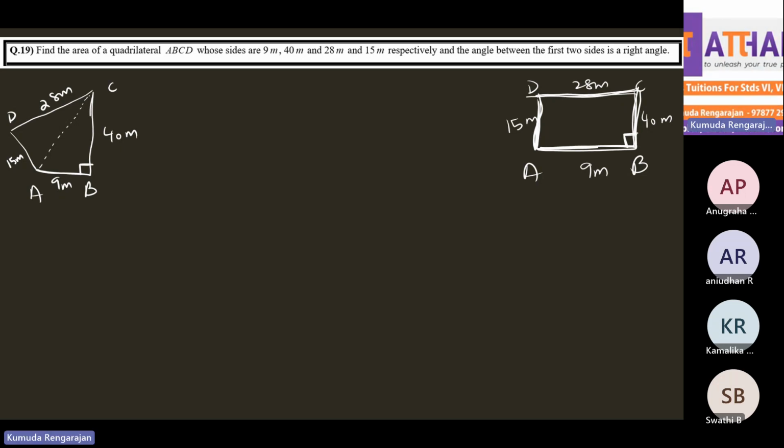This is not a right triangle. ABC triangle. This one is the right triangle. No, this is not a right triangle. But you have used it without the same. That's the right triangle.